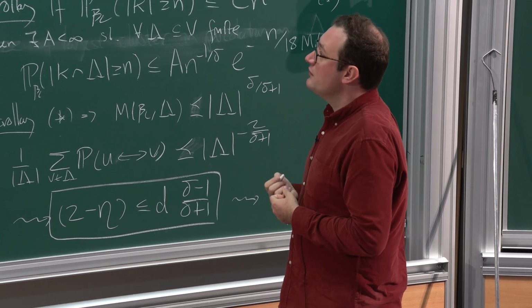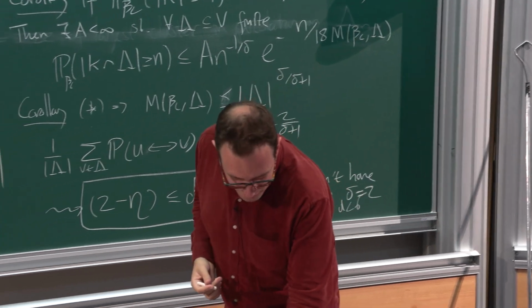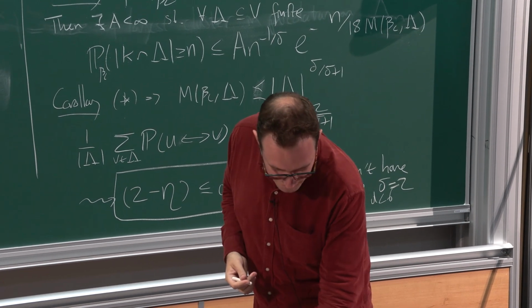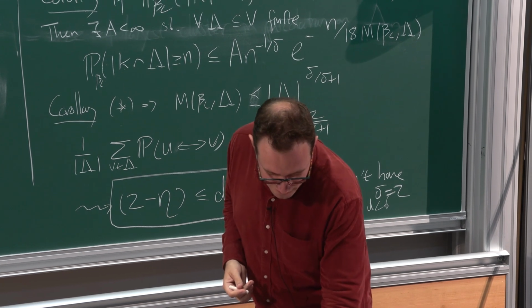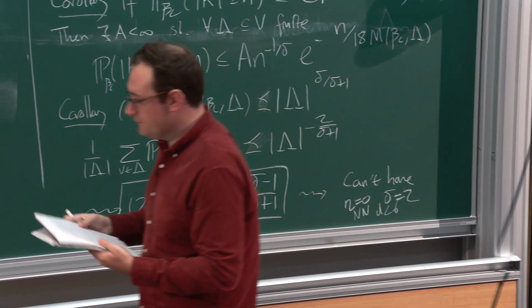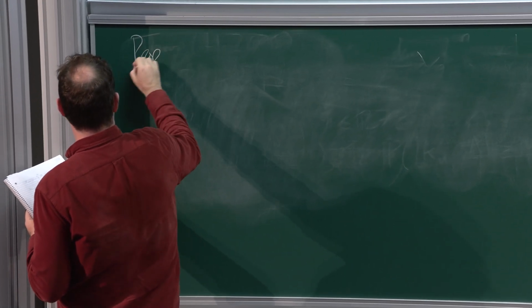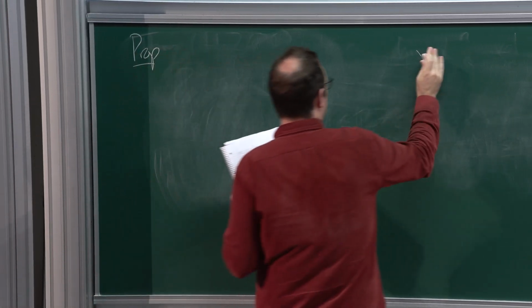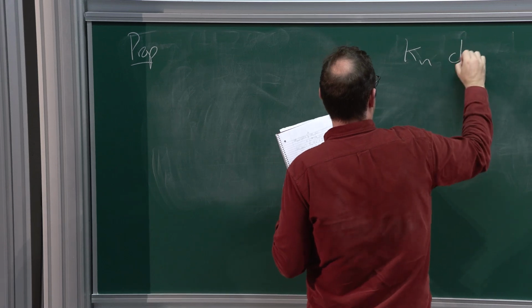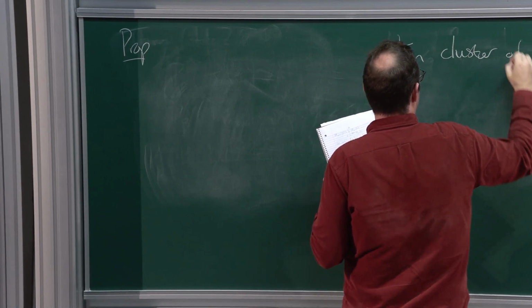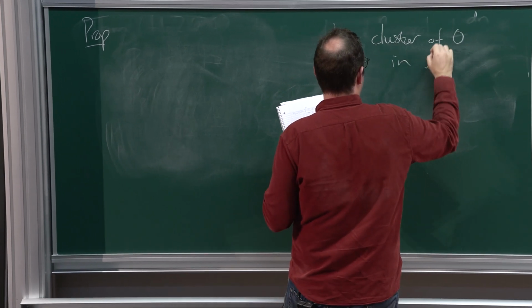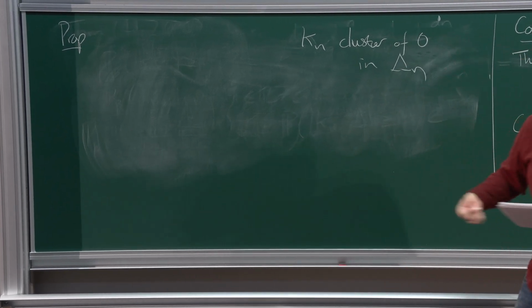Okay, so the next thing we want to do, the next goal, is let's define Kn to be the cluster of the origin in this n block lambda n.